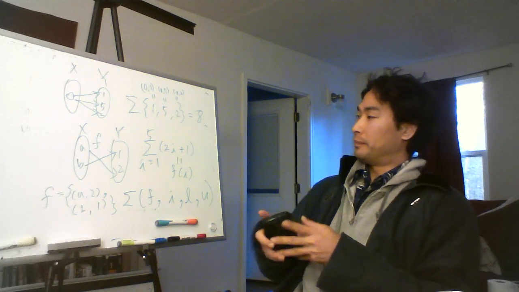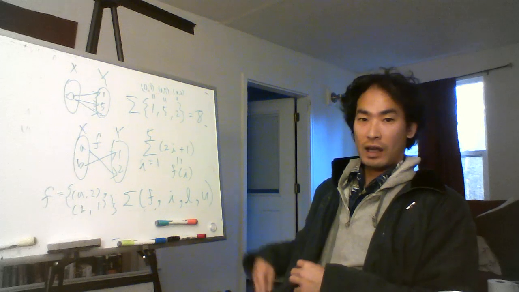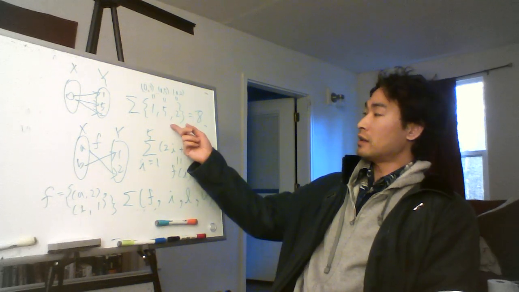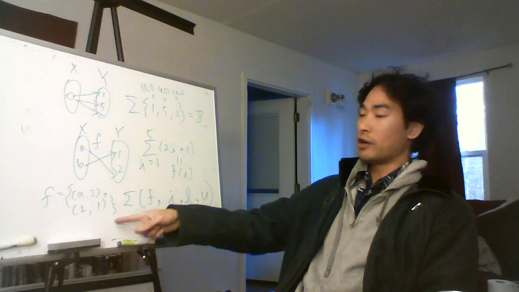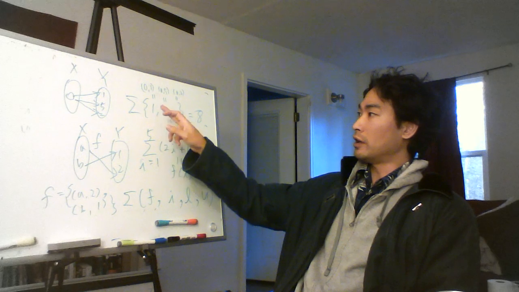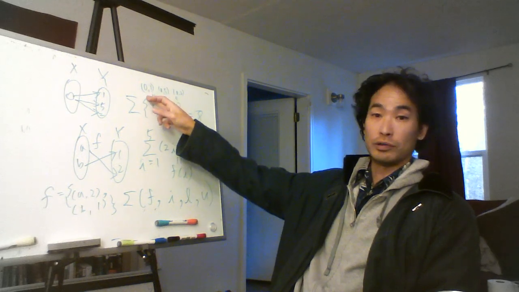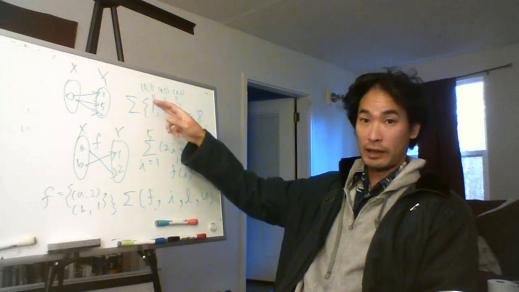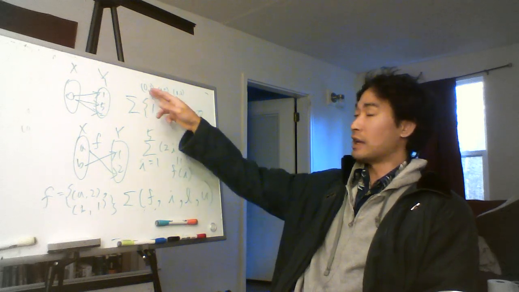Okay, so we just realized a set can be transformed into a function by turning a number into a tuple with some default element inside of this tuple. Yeah, 0.